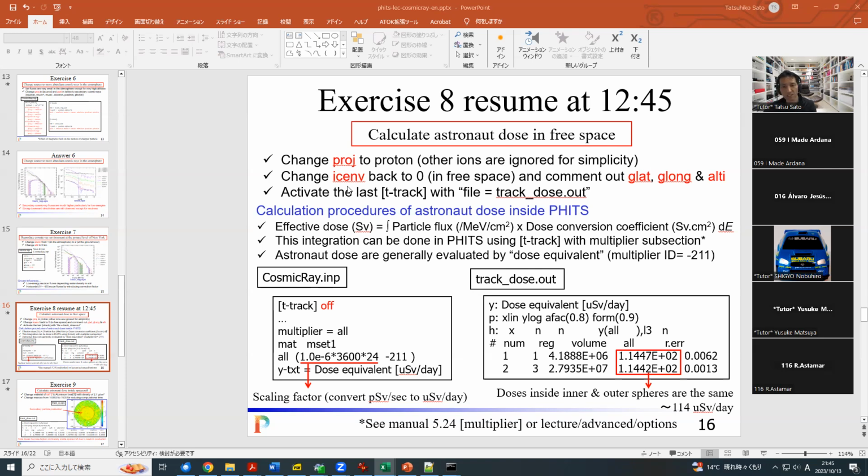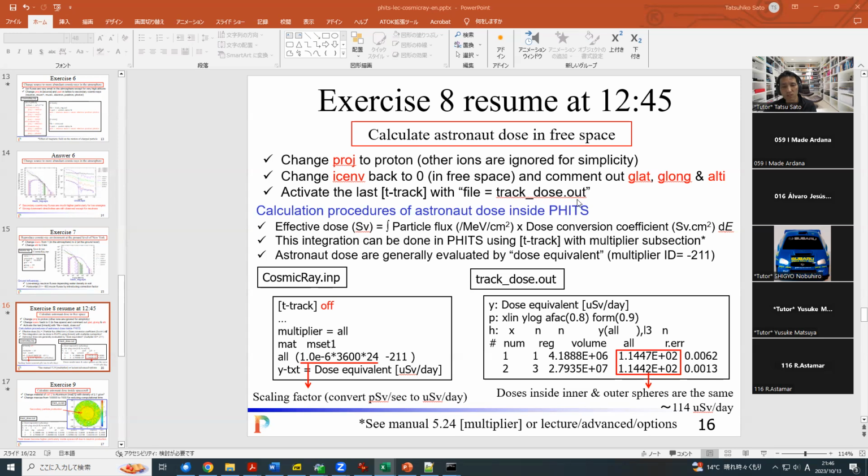Change ICM back to 0 for free space mode, and comment out the zlat, zlong, and arch parameters. And activate the last T-track with file equal dose, track_file = track_dose.out.